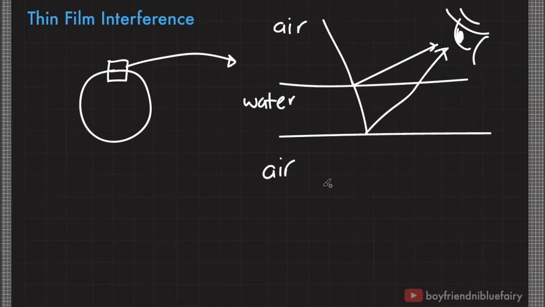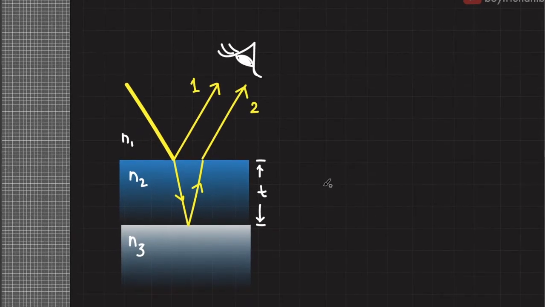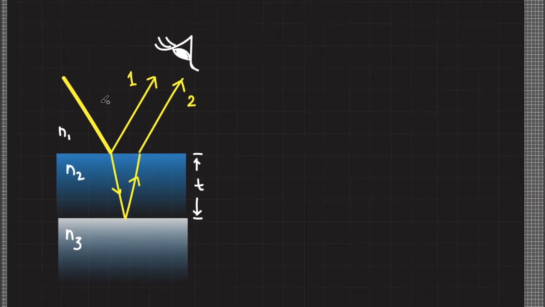So let's have a general method of calculating constructive and destructive interference for a system consisting of a thin film. When light rays are reflected through a thin film, we can predict whether the reflected light rays will result in constructive or destructive interference. Our incident light ray comes from a medium with a refractive index of n sub 1.